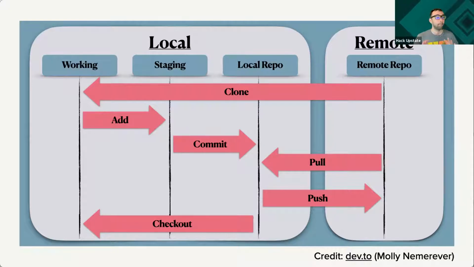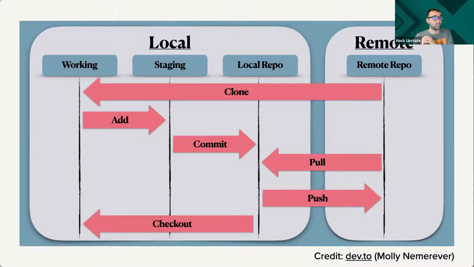But this notion of checkout is super important because your local repository can have multiple different iterations of this code in what is called branches. And so if we want to switch branches, what we are able to do is go to the local repository and check out some code.